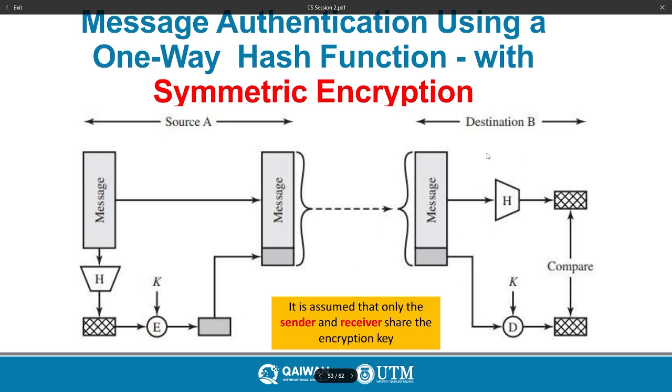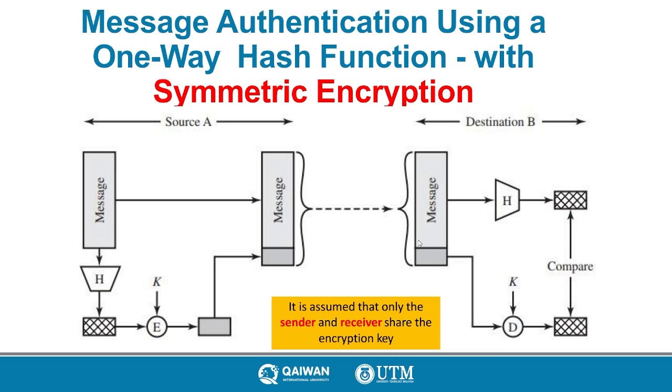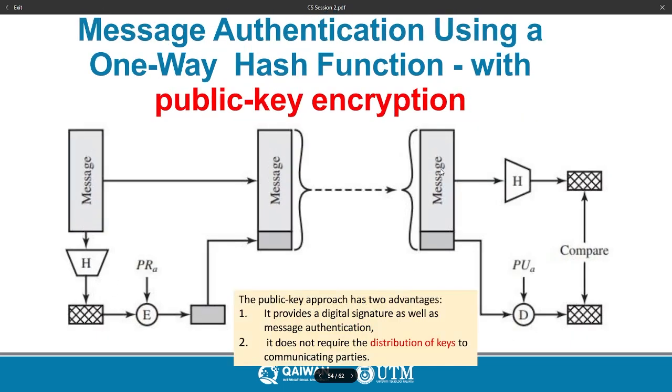Then the recipient, the destination, will get the message, do the hash function again, and decrypt with the key, of course. Then he will compare the result from the decryption with this one. If the two are identical, there is no problem, there is no attack on integrity. Otherwise, there is an attack on integrity.